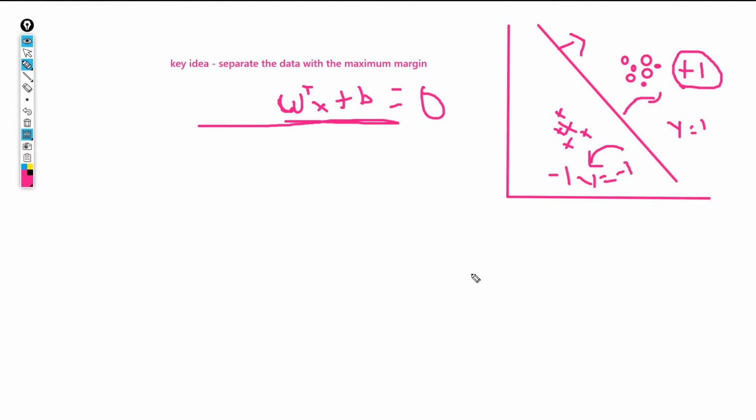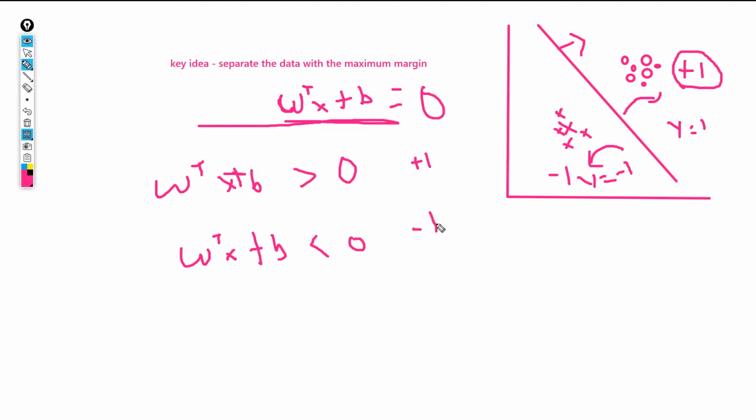We are going to say that if w transpose x plus b is greater than 0, then we have a positive class, which means our output is 1. And if w transpose x plus b is less than 0, then it is going to be -1.